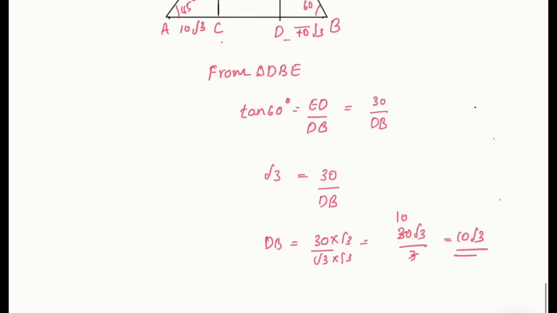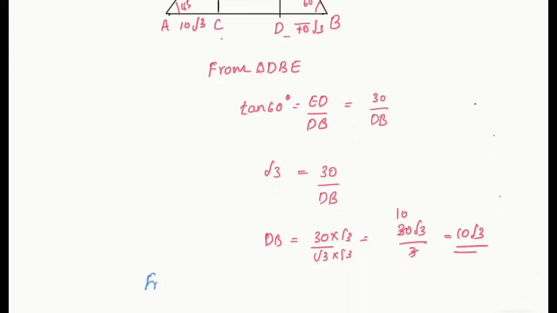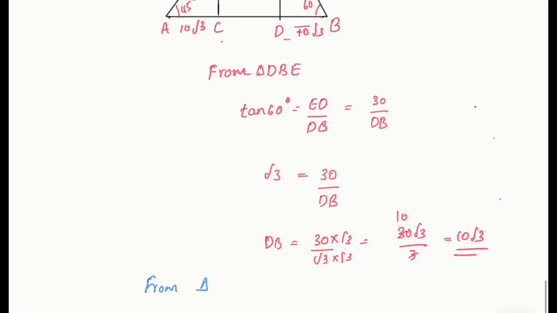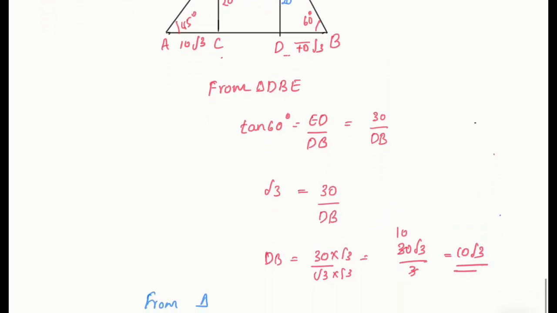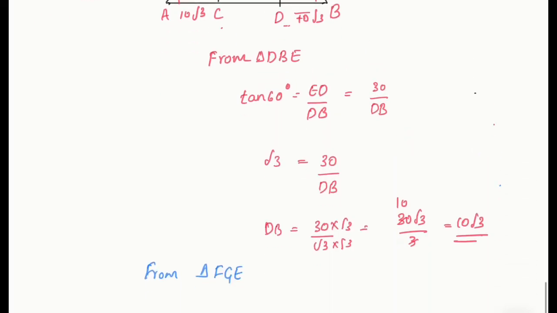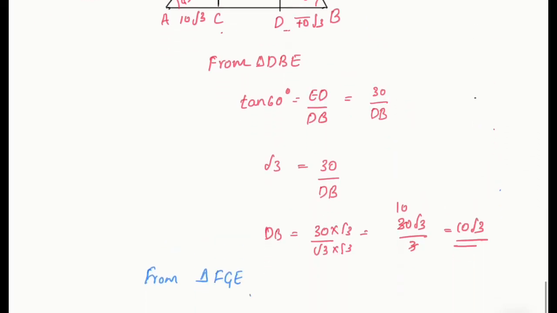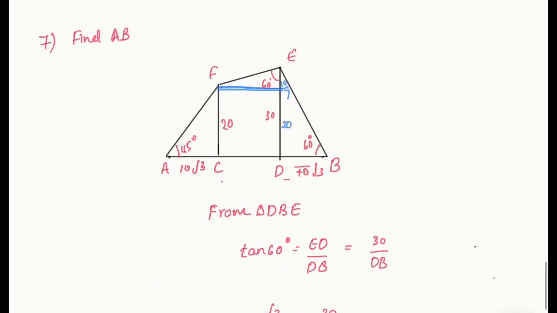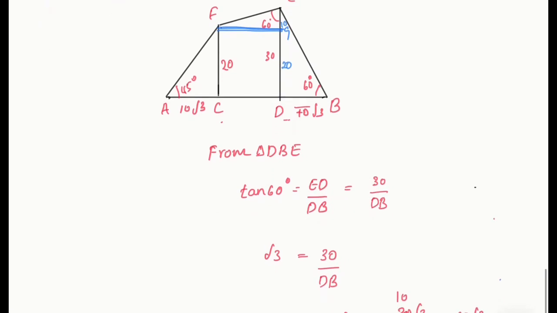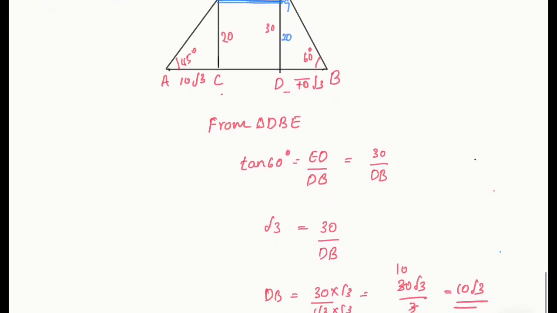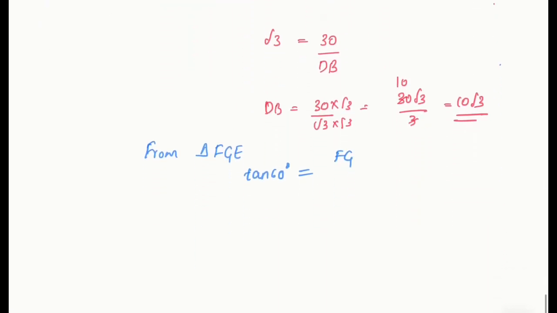From triangle FGE, tan 60 equal to FG by EG.